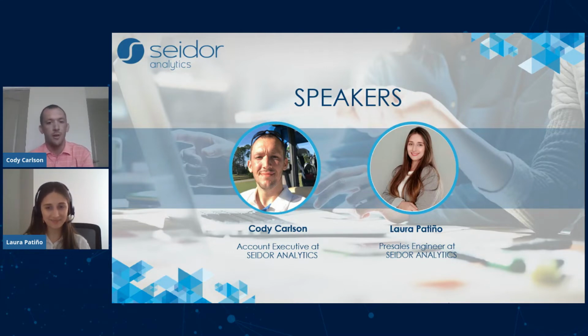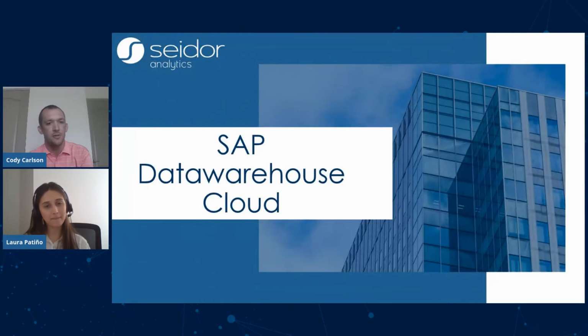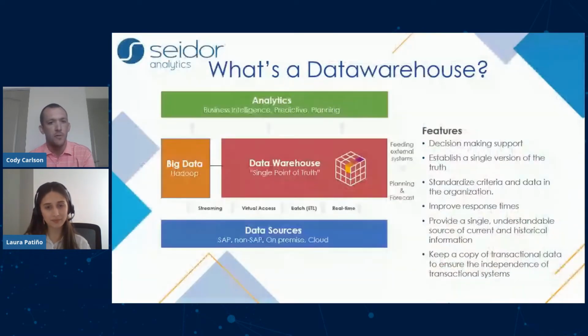Great. Thank you, Laura. So next, before we get started into the actual demonstration, we'll give you an overview of what the Data Warehouse Cloud is, with SAP's product-specific solution and just in general. Overall, a data warehouse is a central repository of integrated data from one or more disparate sources. They report on data, they do data analysis, and is considered a core component of business intelligence.